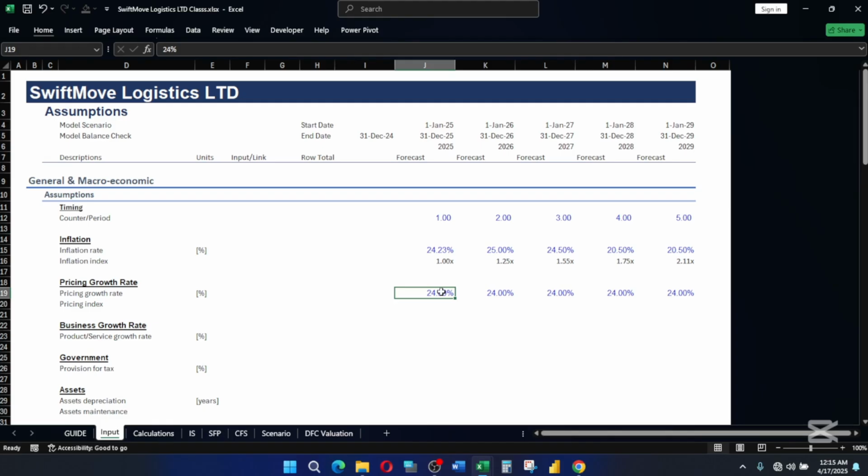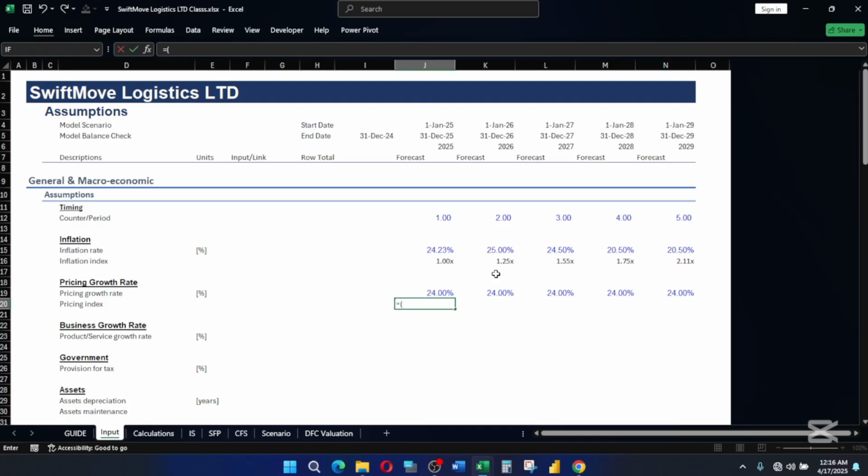Now the same thing we did on the inflation index, exactly the same thing we're going to do on the pricing index. We're going to get the pricing index, which is what we're going to be using to multiply our prices, right? If you did not get the one I did earlier on the inflation index, this is another place where you need to pay attention.